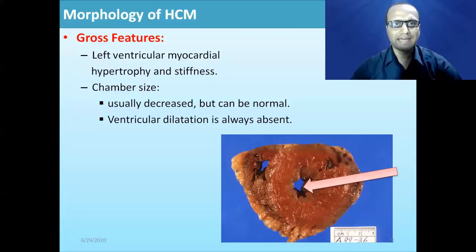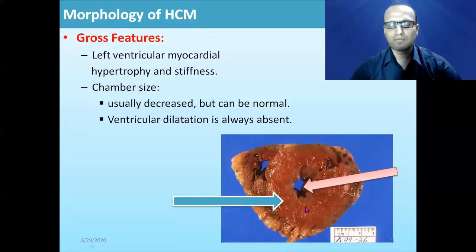In the hypokinetic dilated form, the left ventricular chamber is dilated. In this photograph, you can see the thickened wall of the left ventricle and the narrow lumen of the left ventricle.